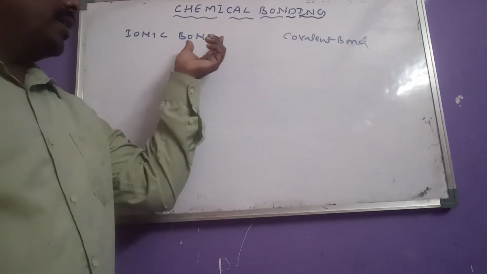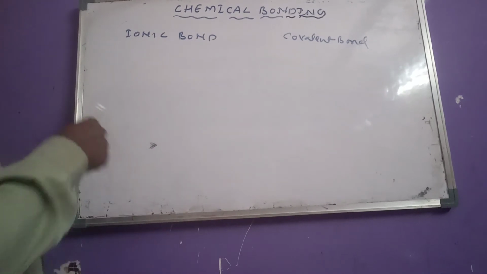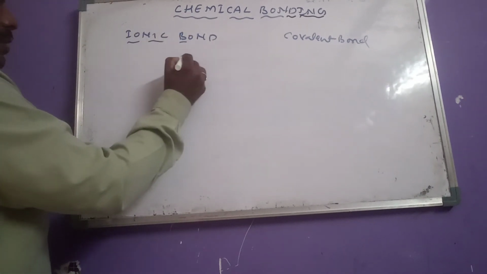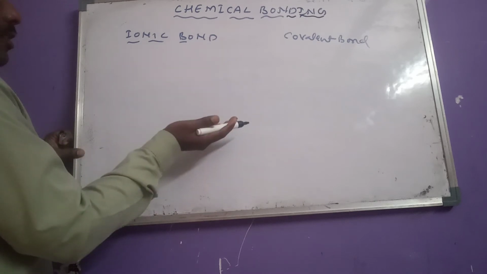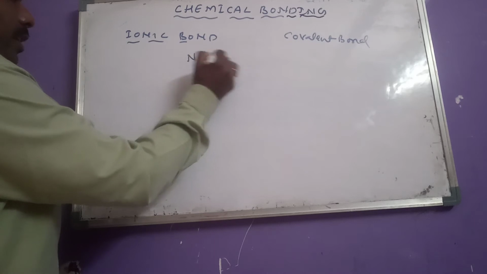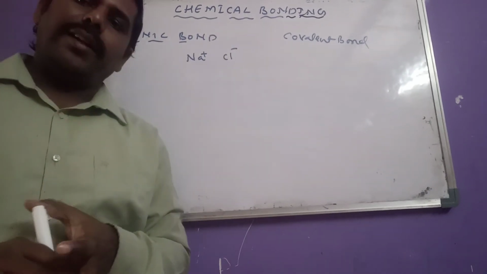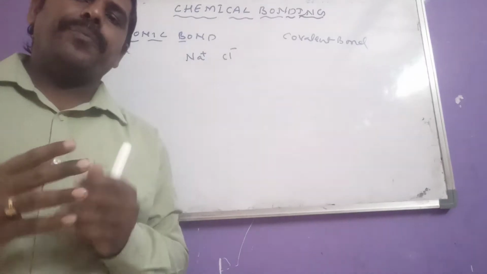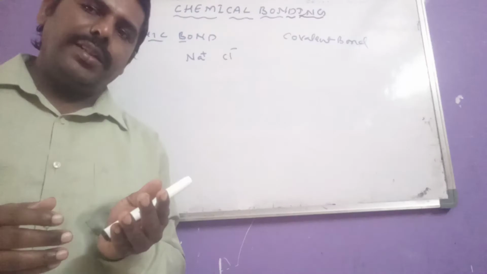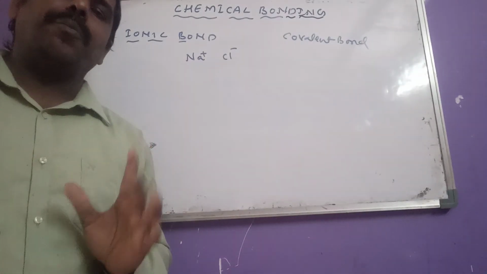Now let us see the ionic bond. What does ionic bond mean? The electrostatic force of attraction present between two oppositely charged ions is known as the ionic bond.